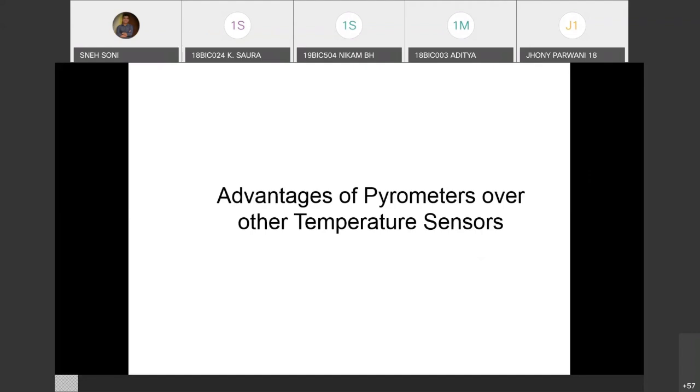Second point, write: can be used to measure temperature of stationary and moving objects.